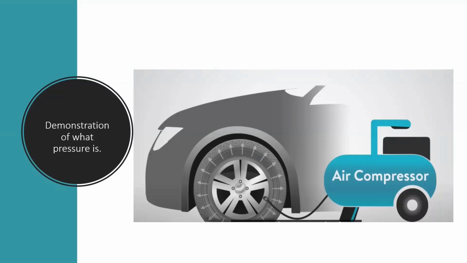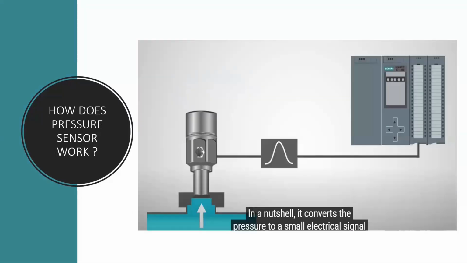So, how does a pressure sensor really work? Look at this next slide. In a nutshell, it converts the pressure to a small electrical signal, which is transmitted to the PLC via the input card of the controller.